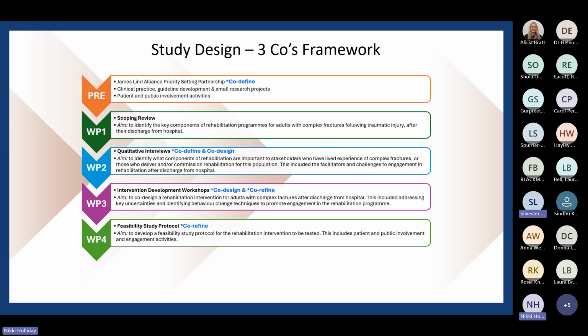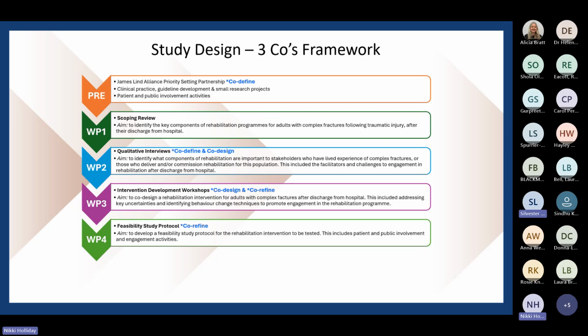Again, people who are stakeholders or have a vested interest came up with their priorities for research, one of which was what is the optimum outpatient rehabilitation programme after complex fractures, which led into my fellowship question. There's also been clinical practice and clinical guidelines, and I did a previous small research project interviewing people to get their experience of rehabilitation.